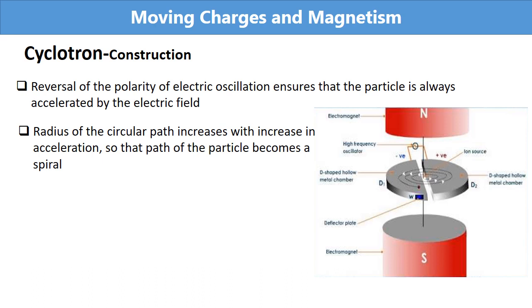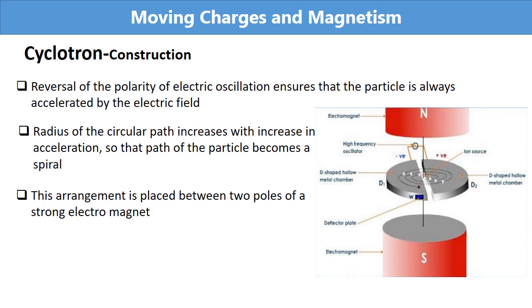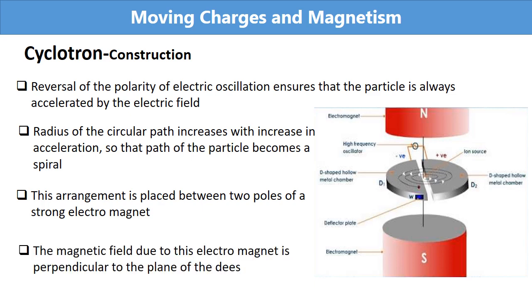Radius of the circular path increases with increase in acceleration so that the path of the particle becomes a spiral. This arrangement is placed between two poles of a strong electromagnet. The magnetic field due to this electromagnet is perpendicular to the plane of the Ds.